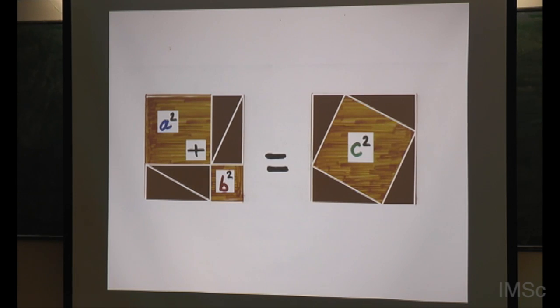See, in the movement, the area of the yellow part is kept invariant. This is A, this is B, and this is the hypotenuse C. So this is the kind of proof the Greeks loved.